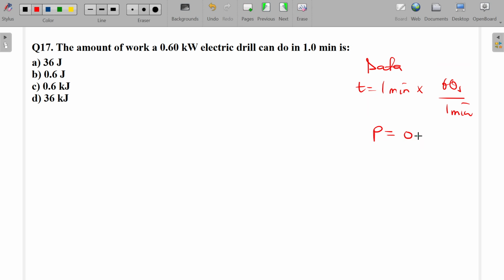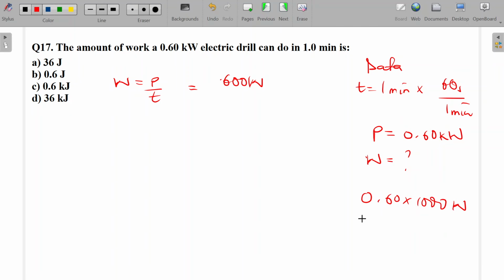So power is equal to 0.60 kilowatts. Then what about our work? We don't know. So we say that work is equal to power over time. Our power is 0.6 kilowatts, meaning 600 watts, because a kilowatt is 1,000 watts.